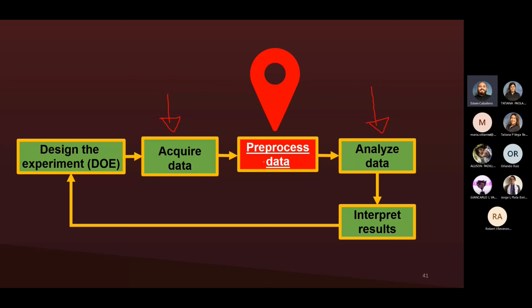And the main benefit of using pre-processing is that when you do an experiment, which relies on designing, acquiring, analyzing, and then interpreting, if the interpreted results are not good enough, you're going to have to start all over again. And this is an iteration, right? You're going to be in a cycle. Pre-processing helps you have fewer iterations.